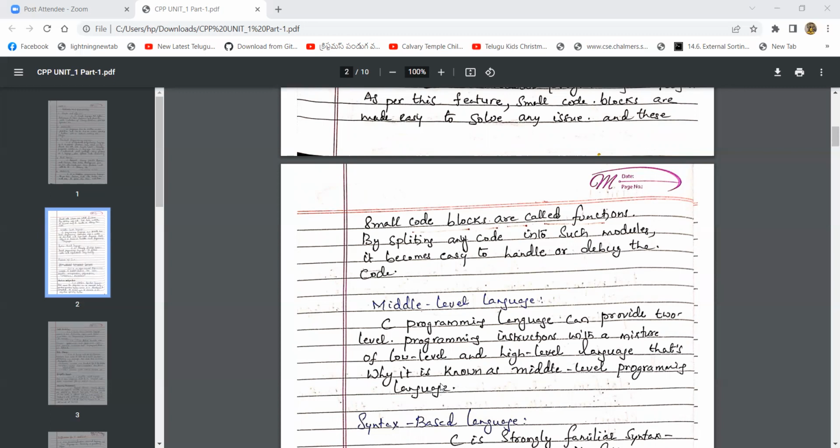And coming to our next feature, C is a case sensitive language. What do we mean by case sensitivity? It means C differentiates upper case, lower case, and the combination of upper and lower case characters. Suppose we take a variable name as var.